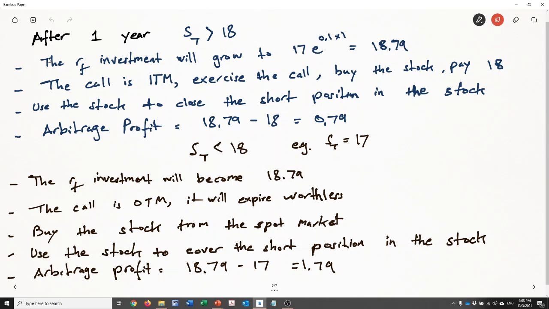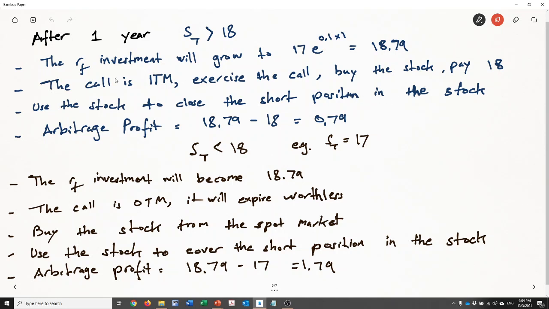So let's see first what we should do. The risk-free investment will grow to 18.79. And since the call option is in the money, and how did we conclude it's in the money? Well, the price in the market is higher than 18. So it makes sense to exercise and buy at a lower price compared to the market price. So I will exercise the call and buy the stock, which means I will pay 18. Now I will use the stock I got from exercising the option to close the short position in the stock.